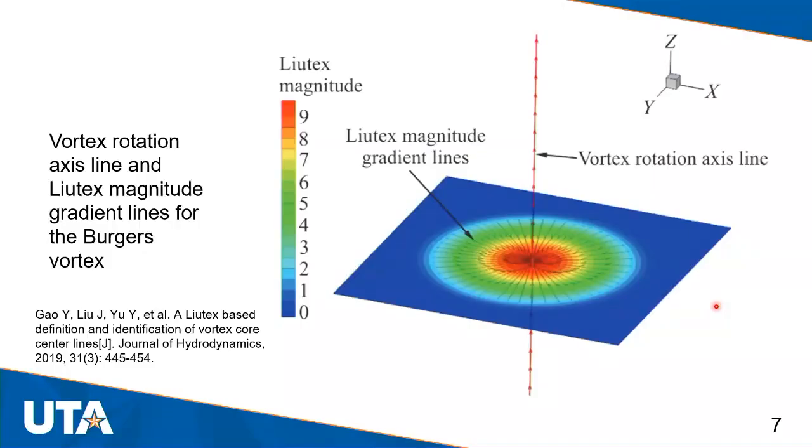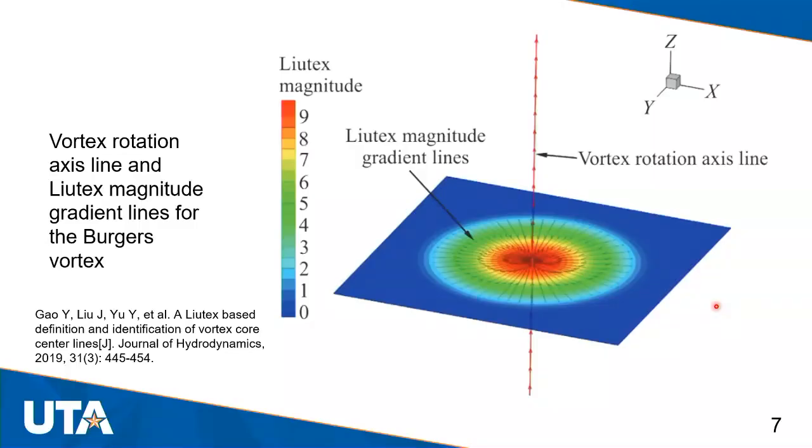So you can see these black lines are the gradient lines. The gradient lines are perpendicular, it's normal to the Liutex direction unless it reaches the maximum, right?